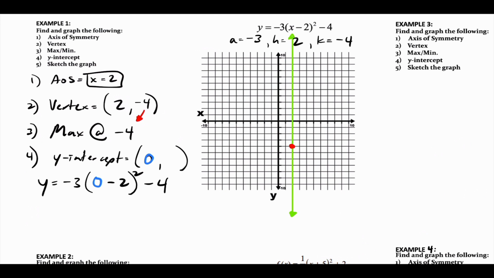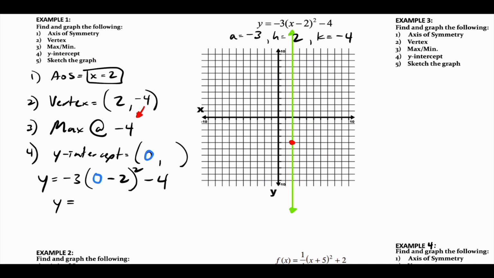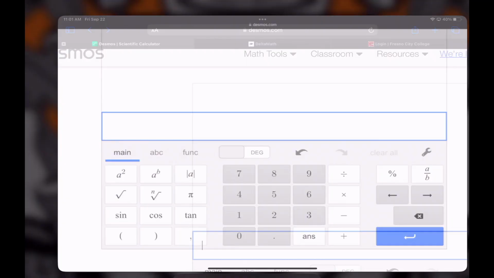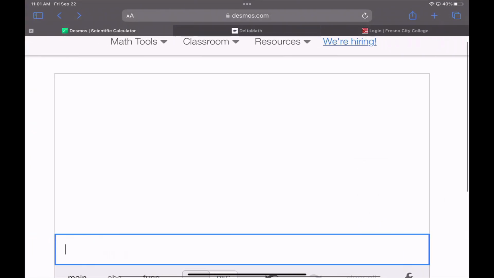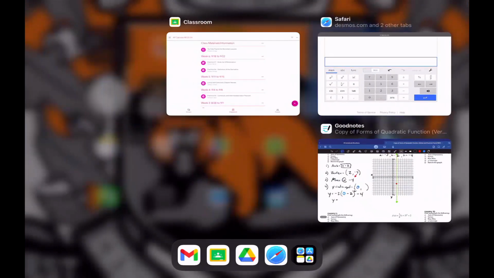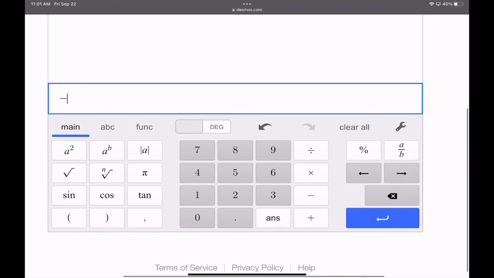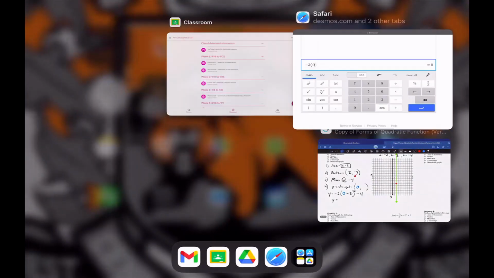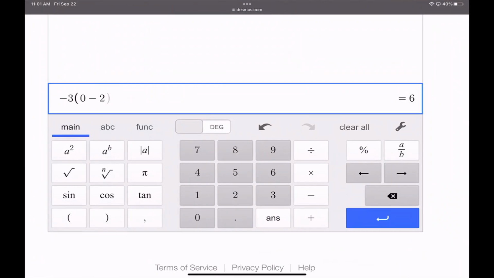Order of operations. I'll show you an easy way to do it. Some of you actually were doing this yesterday, which is good. So that guy, I'm going to put into the calculator. I had -3, parentheses, 0, -2, parentheses, squared.